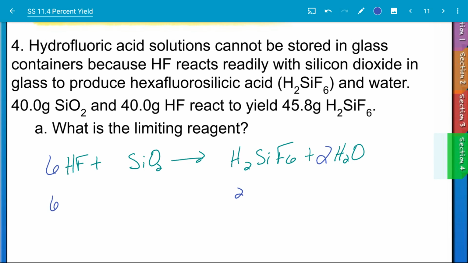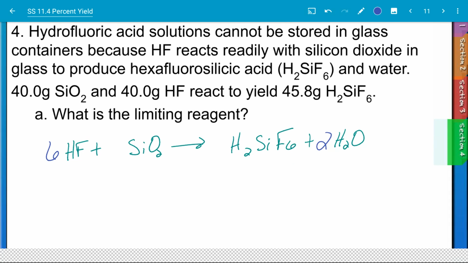I have 2 here, and I have 4 here. Let's see, 4 plus 2 is 6. Yep. I have 6 fluorine here, and I have 6 fluorine over here. So fluorine is good, hydrogen is good. 1 silicon, 1 silicon. I have 2 oxygens and 2 oxygens. So what do you know? That wasn't that bad to balance out.